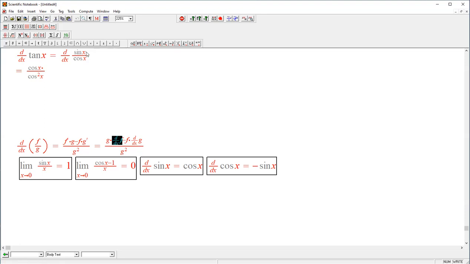The derivative of sine is cosine. Subtracting, f stays the same, f is sine, multiplied by the derivative of g. The derivative of cosine is negative sine.